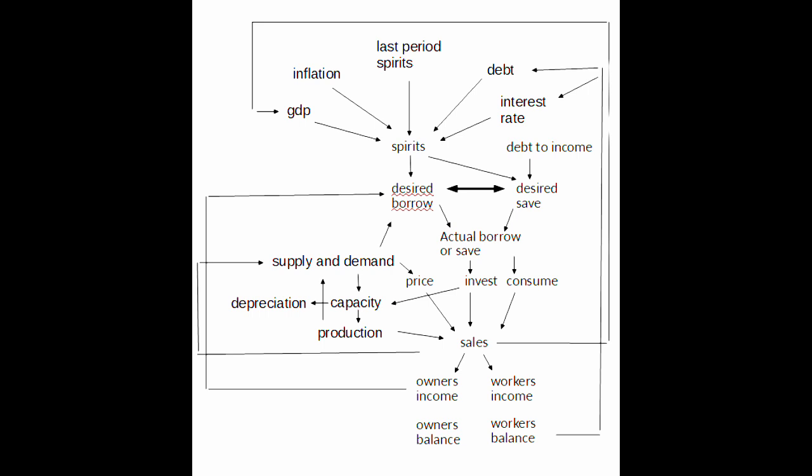Finally, that means that the bank balances of both owners and workers change, and they may or may not now be in debt, and that possible debt will feed back to the top of the diagram into the debt amounts and the interest rate. So the whole cycle will then repeat, and we can go from period to period seeing what actually happens to the economy as it evolves over time.